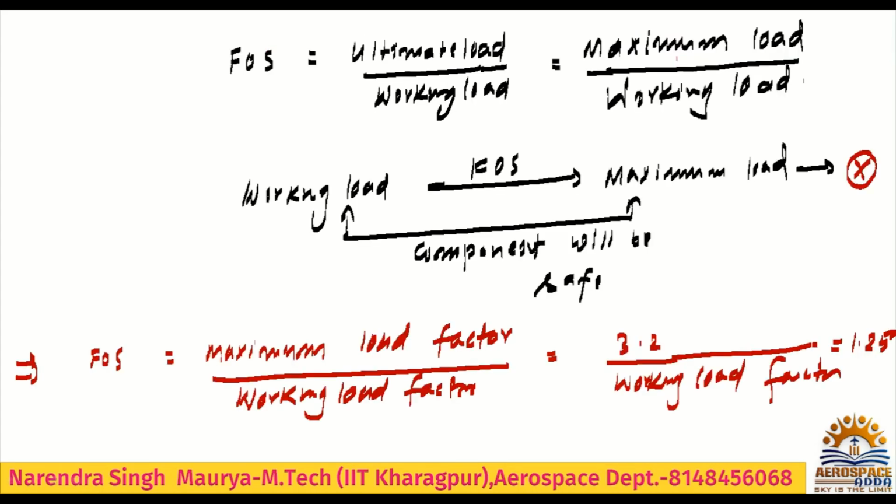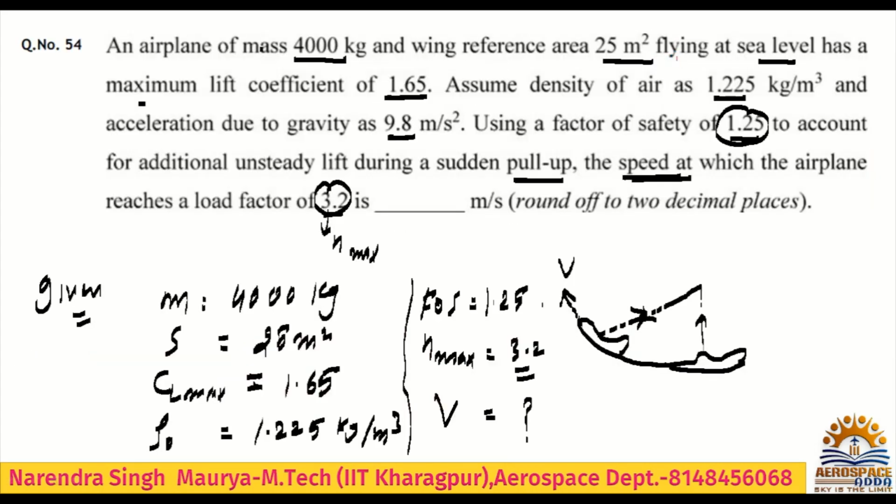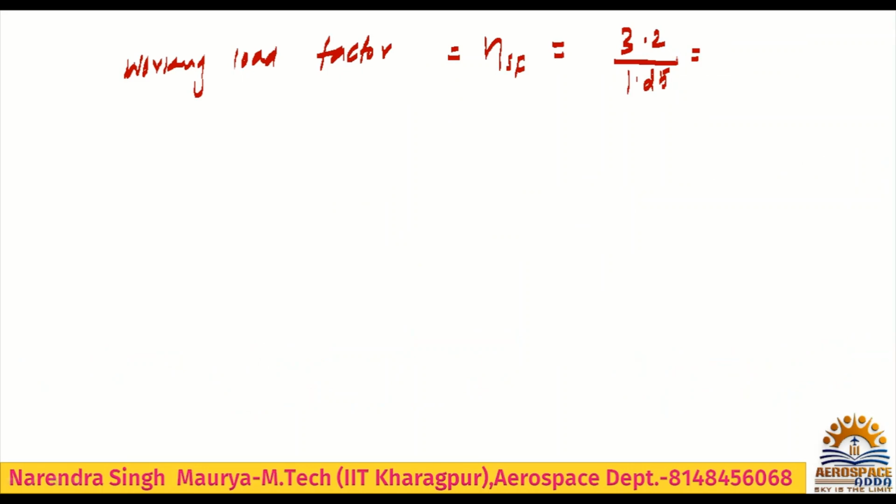So we can calculate it is 3.2 divided by 1.25. So we'll get 2.56. Need to remember.